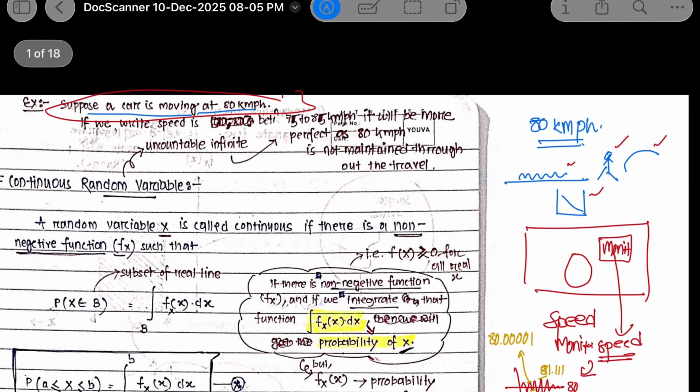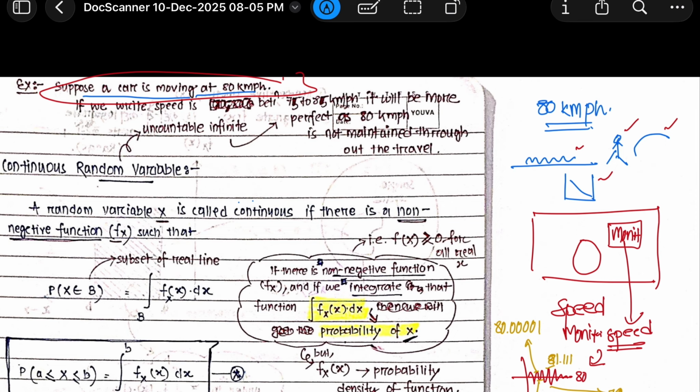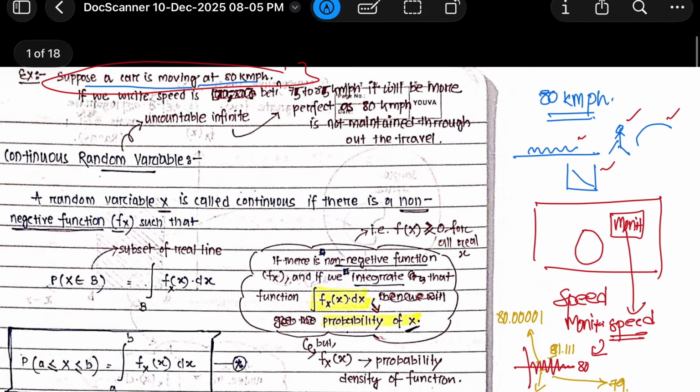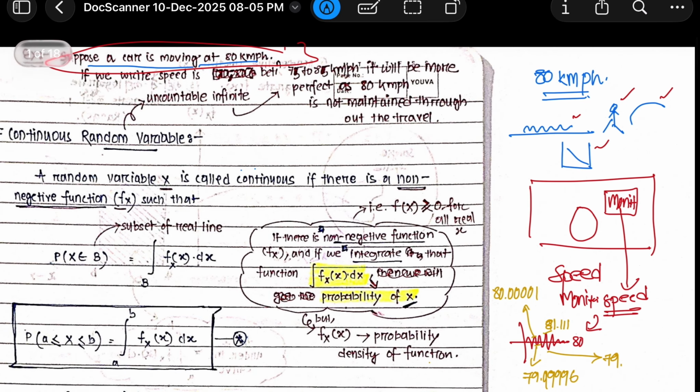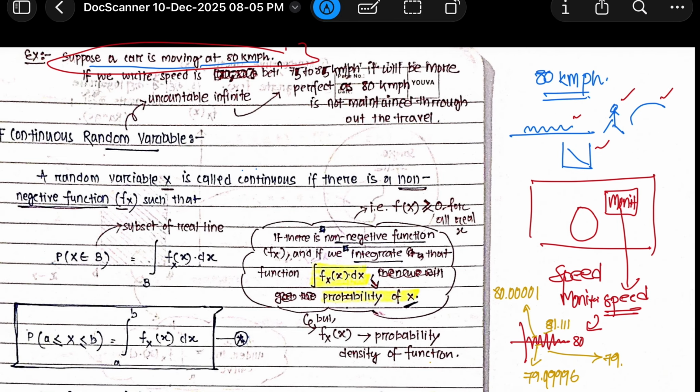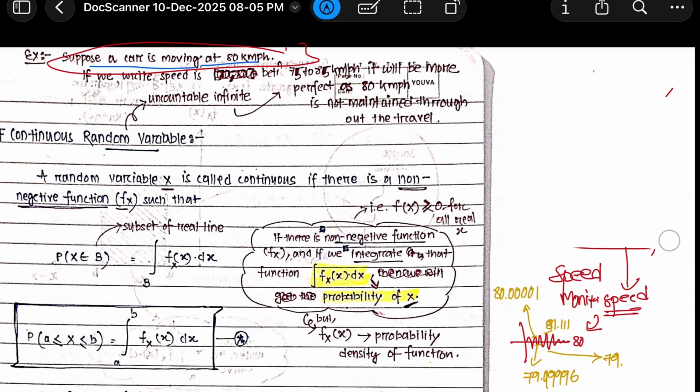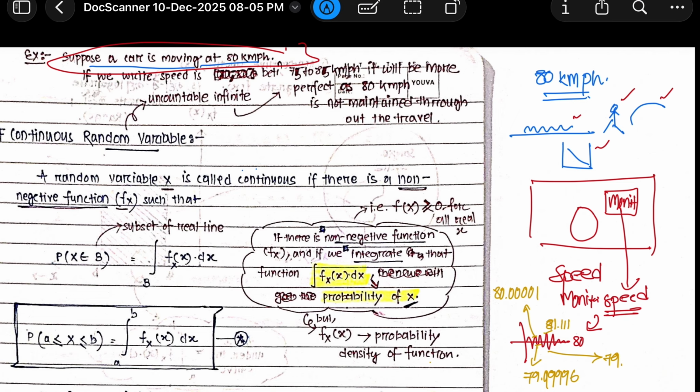So in this context, you have understood where to use this.